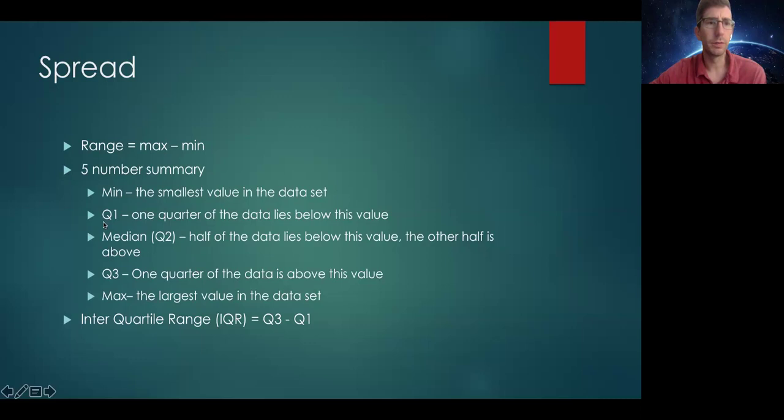It also consists of Q1, Q2, which is actually our median, and our Q3. So Q1 is the cutoff such that 1/4 of the data lies below this value. The median, remember, was the cutoff value such that half of the data lied below, the other half was above.